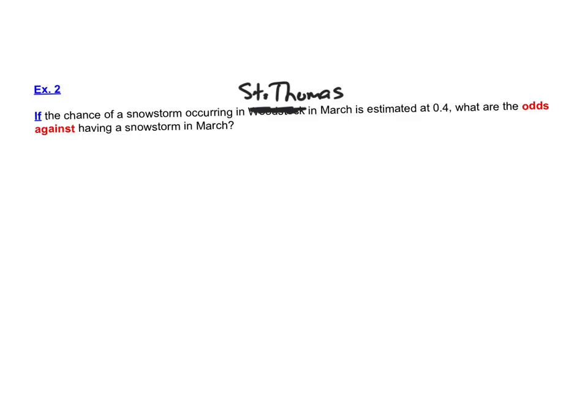It asks, what are the odds against having a snowstorm in March? So now the order of the ratio has to be against versus in favor. The sock drawer was in favor versus against. So the probability of no snow is 1 minus 0.4 or 60%.